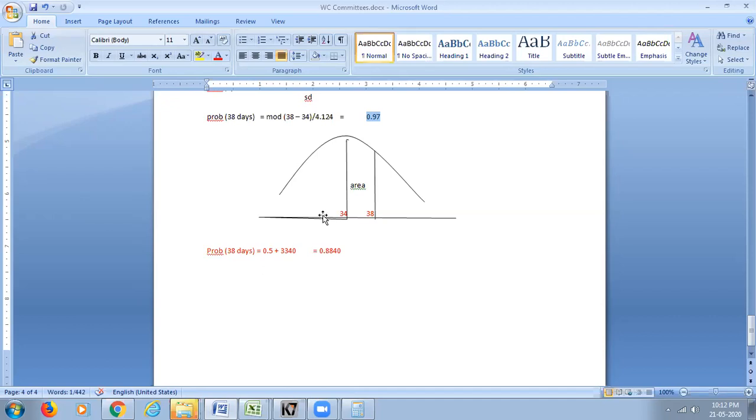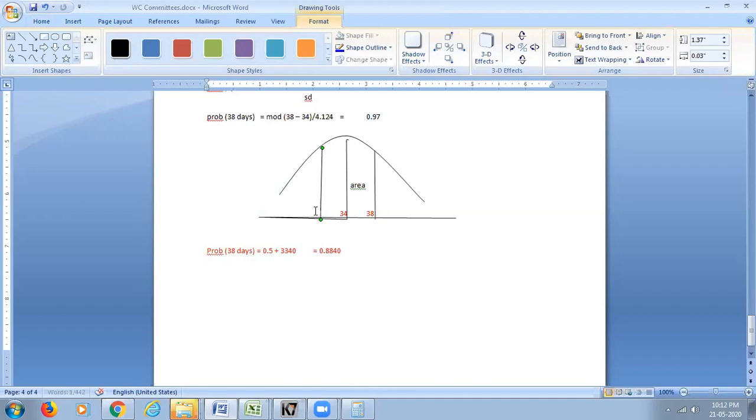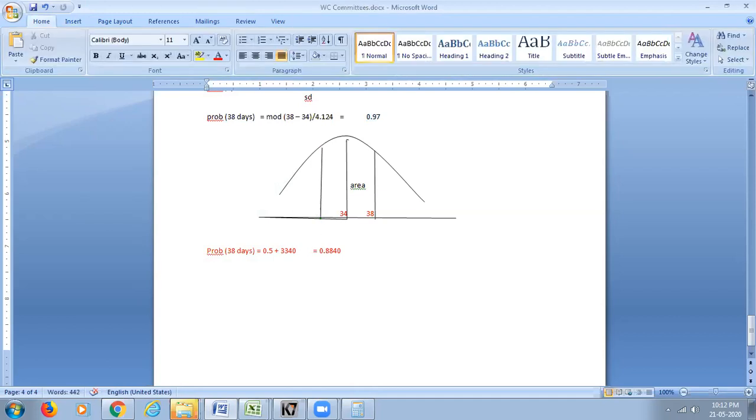So in case I ask the probability of completing in 30 days, 30 will come somewhere here. Here it will be 30 minus 34, 4 divided by 4.124, modulus will be 0.97, and it will be the same 0.3340, right? As a result, 0.5 minus 0.3340, because it is earlier than the normal time, you subtract; later than the normal time, it is addition.